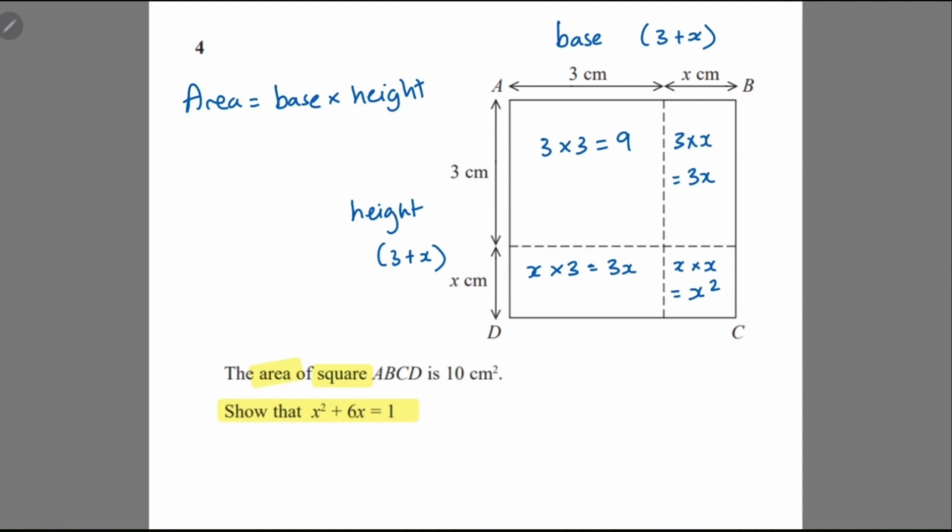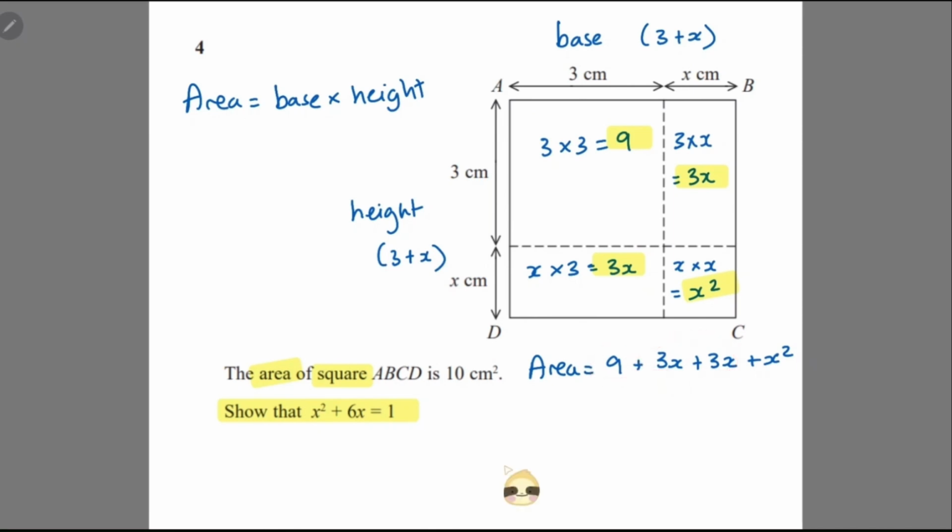Right, so we can put all this together. What we're writing out is that the area is 9 plus 3x plus 3x plus x squared. Now, if we tidy this up, you tend to put the term with the highest power first, then the ones with the variable, and then the constant last.